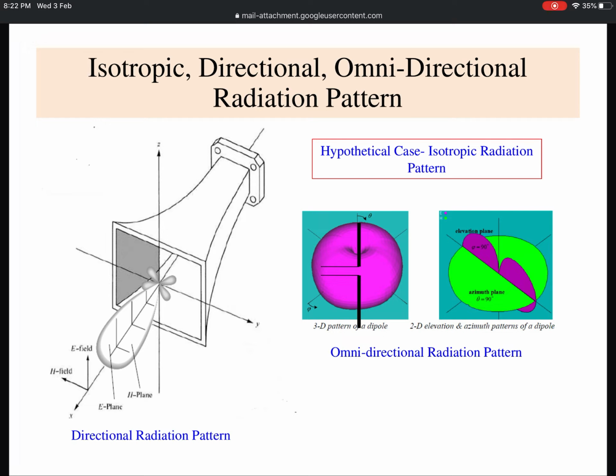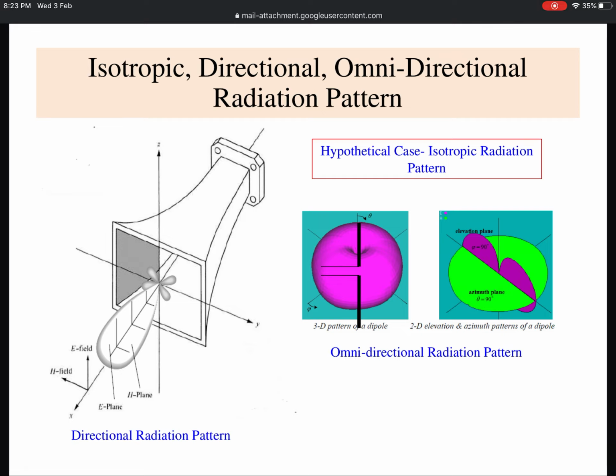Like I have already told you, the unidirectional radiation pattern is a class of aperture antennas. So this horn is basically an aperture antenna. Its aperture is radiating. So you can see the horn on my left side, how this radiation is taking place, and what is the E plane and what is the H plane.